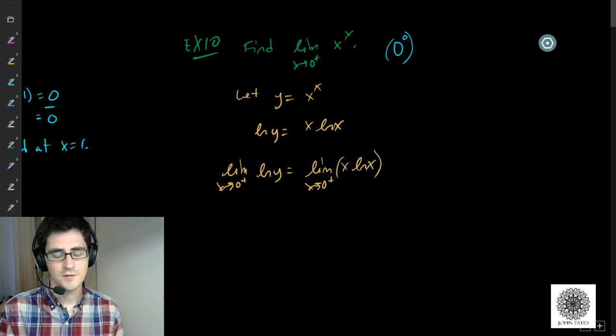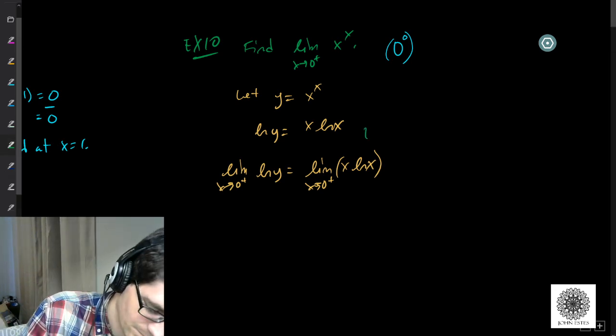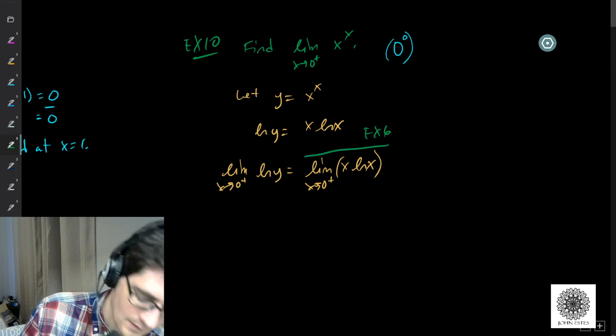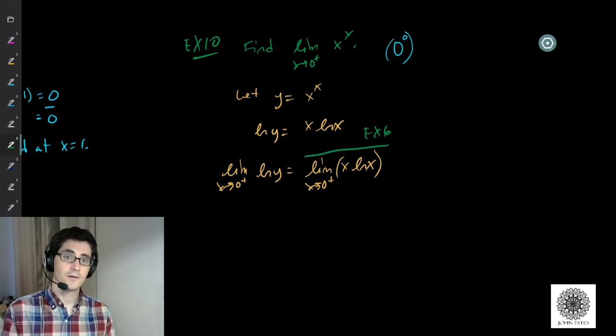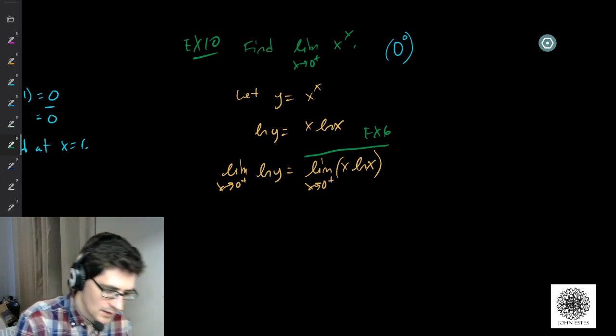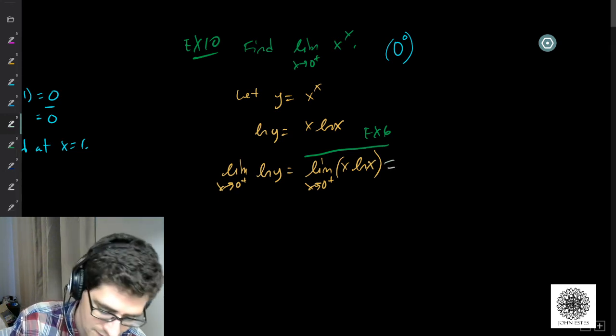And that looks tricky, but we already did that one, right? This is my example 6. We knew how to do that. You take the x and rewrite it as 1 over x. Then you can apply L'Hopital's rule, and what we got way back when we did that example was 0.